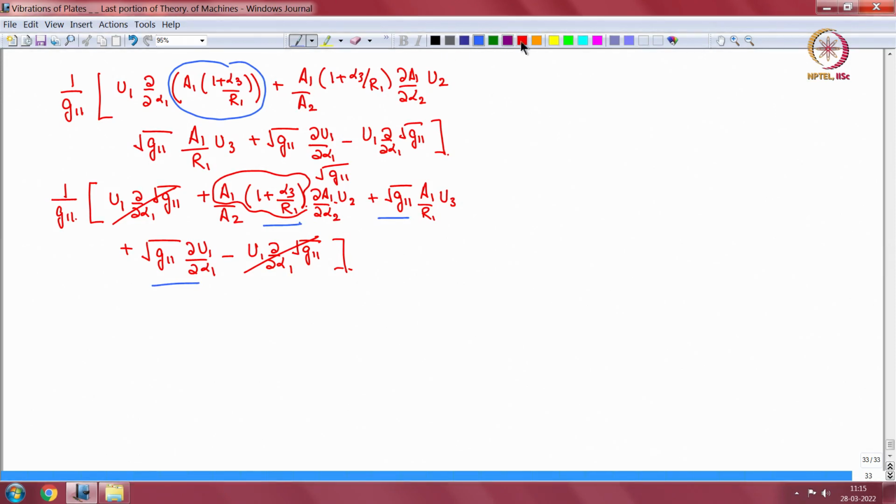So if we combine, I get 1 over square root of g11 u2 by a2 del a1 by del alpha 2 plus a1 by r1 u3 plus del u1 by del alpha 1. This is my epsilon 1 1.